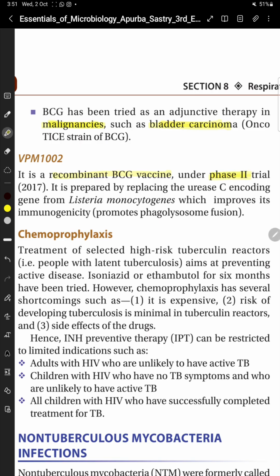It is prepared by replacing the urease C encoding gene with one from Listeria monocytogenes, which improves immunogenicity and promotes phagolysosome fusion.